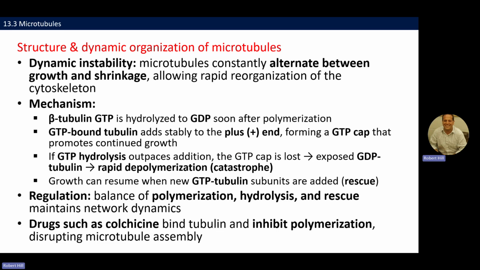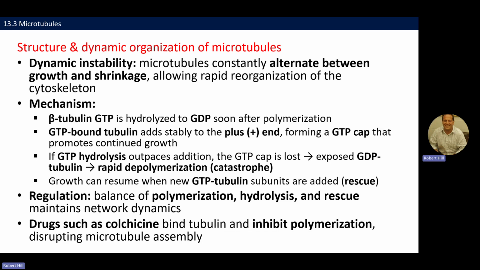However, if hydrolysis catches up, the GTP cap is lost. Right? This loss leaves exposed GDP tubulin. That destabilizes the lattice, triggers rapid depolymerization, and they have a special name for this process. It's called catastrophe. Right? Now, catastrophe is not final.